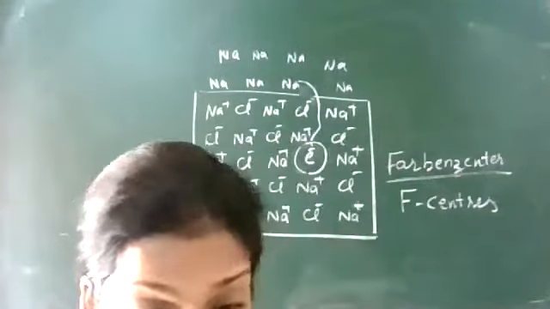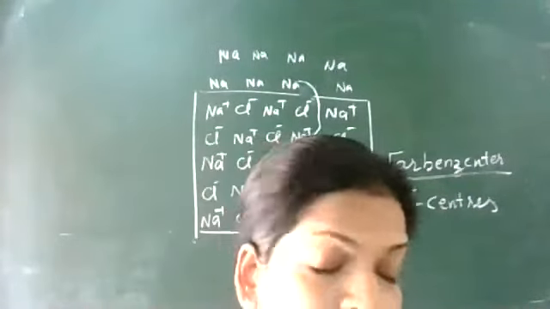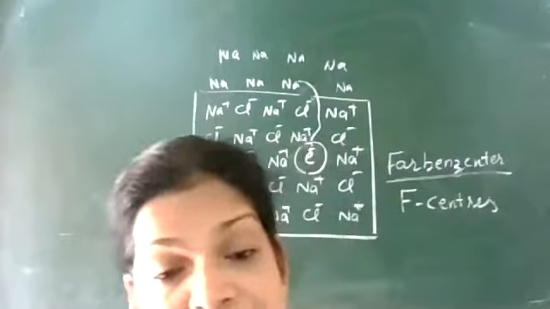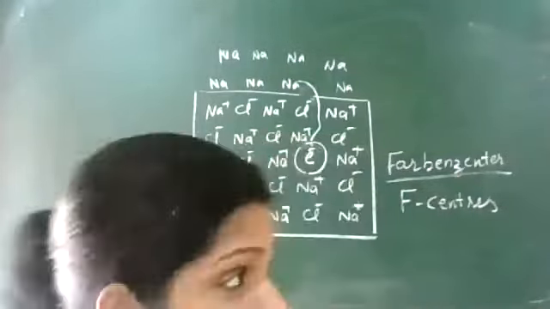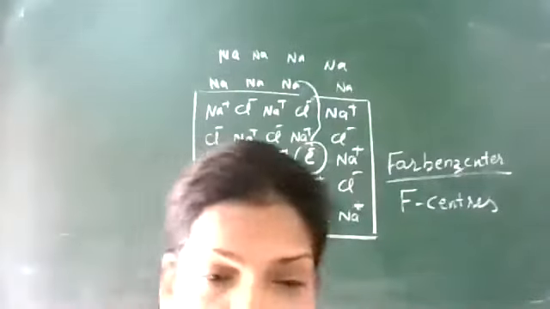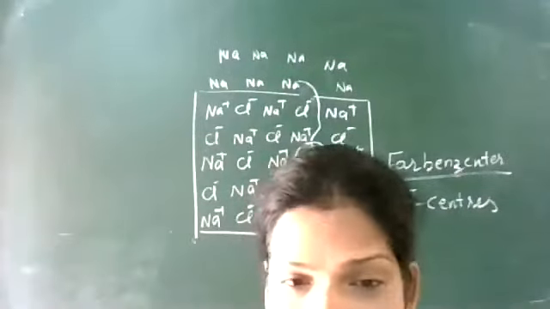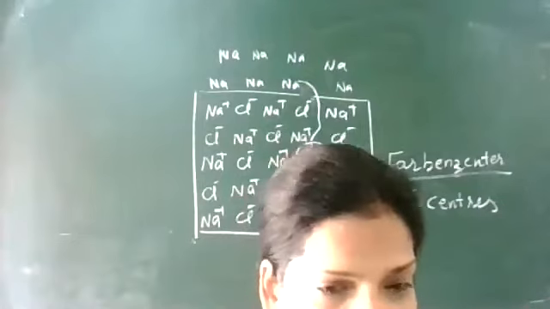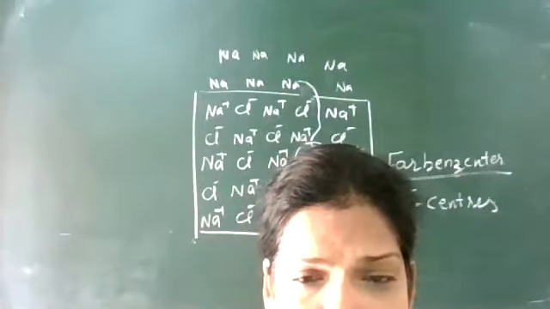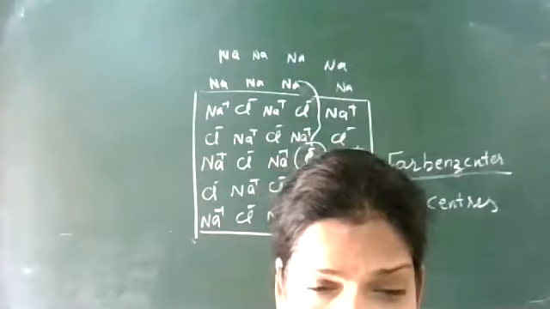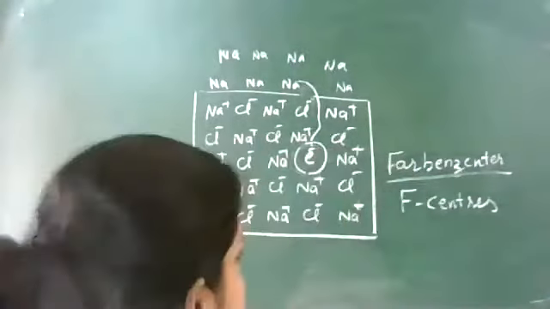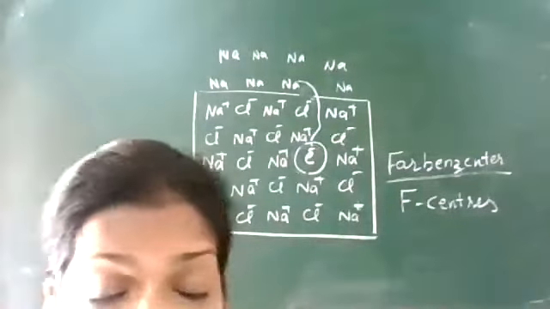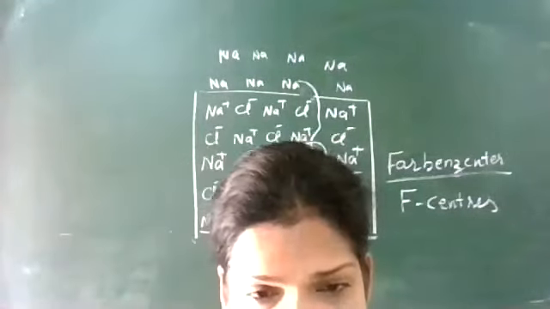NaCl imparts yellow color, while KCl gives violet and LiCl pink. KCl and LiCl we normally don't see in India, but in Dubai they use these, so you will be seeing different colors. So that's about metal excess defect due to anionic vacancies.